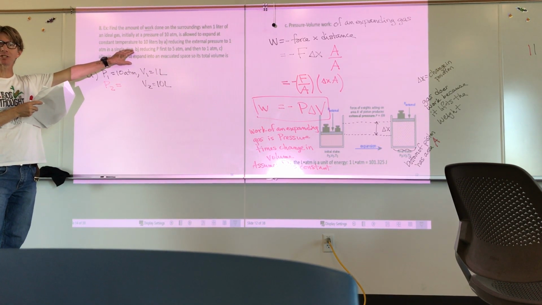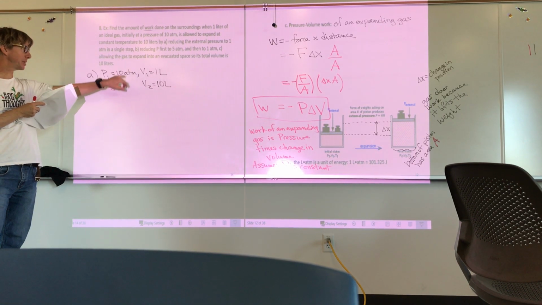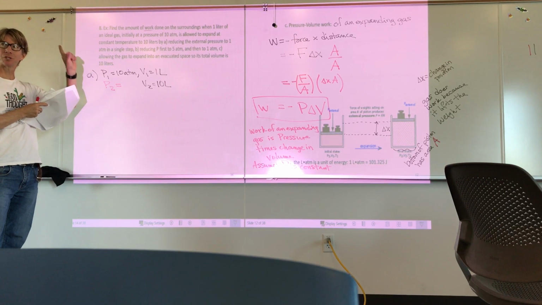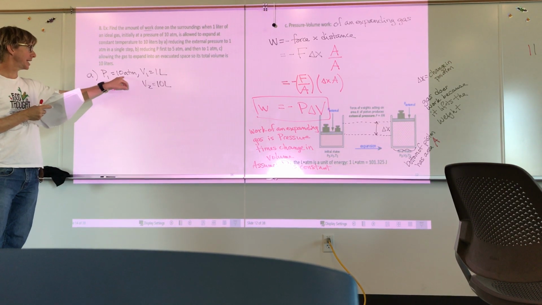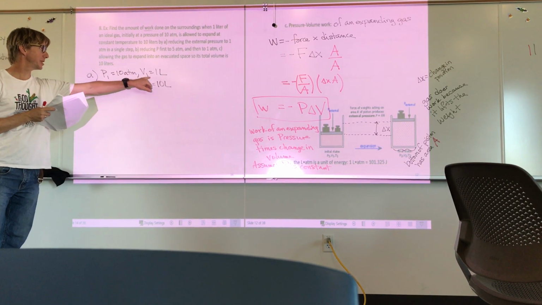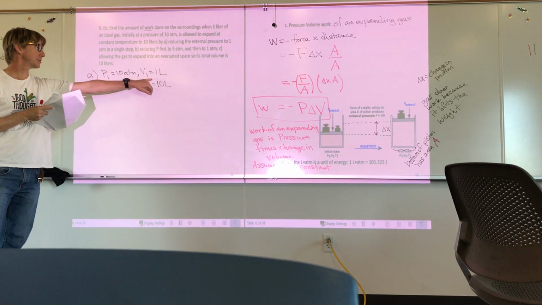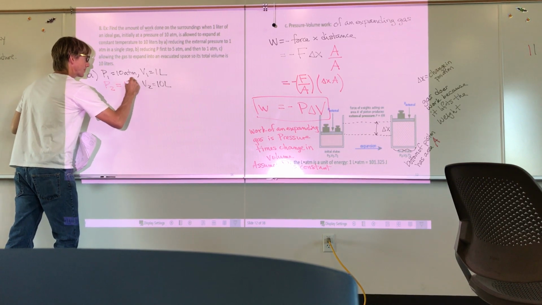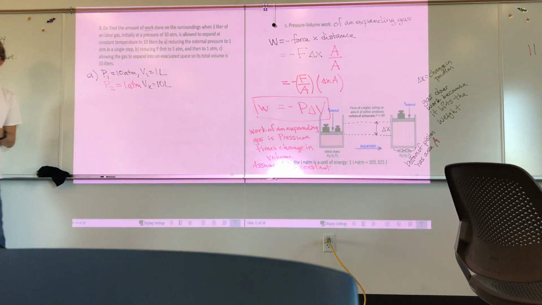So we have an equation that says P1 V1 equals P2 V2. We can solve for P2. The math's not too bad in this one. What do you think P2 will be? 10 times 1, P1 times V1 divided by V2, should get 1 atmosphere.